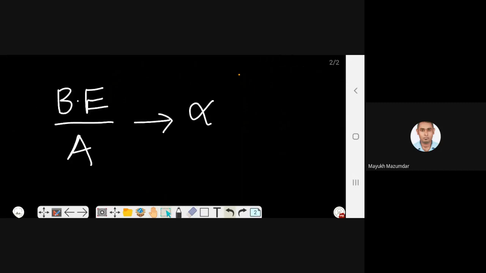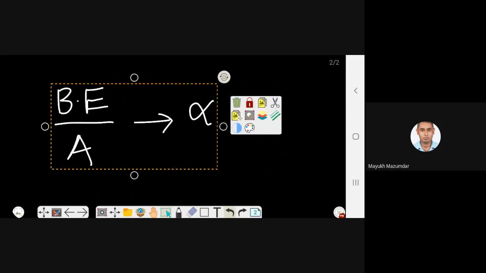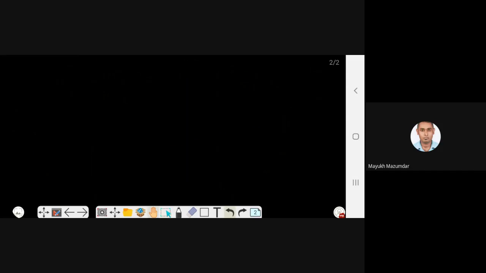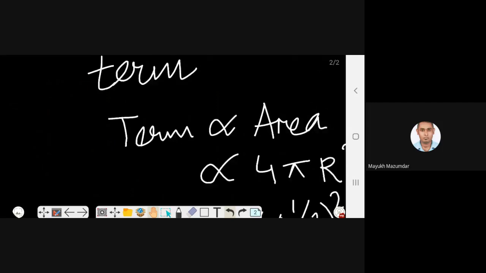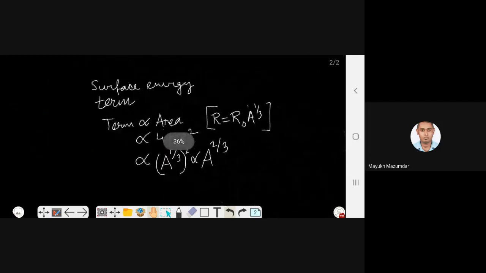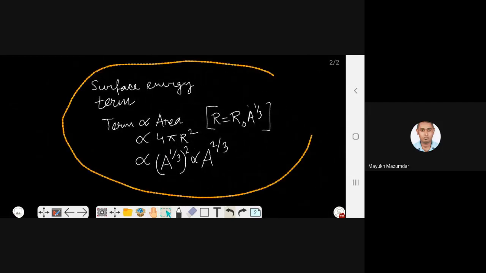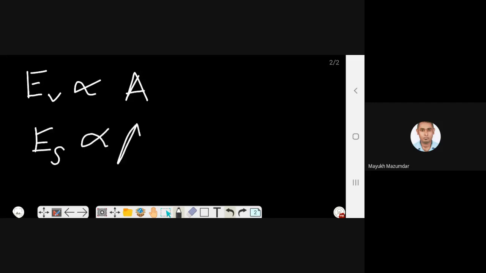So at least for the first three terms, you can remember everything. Let me give you the brief thing. The volume energy term is proportional to volume, meaning R cube, so it is simply proportional to A. The surface energy term varies as R square, proportional to A to the power two third.